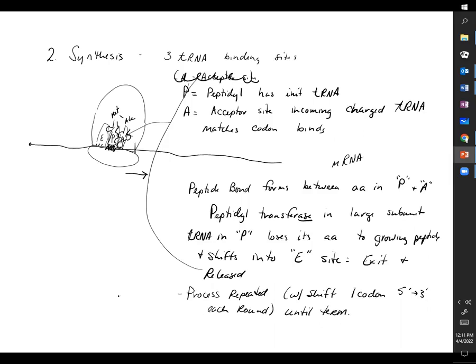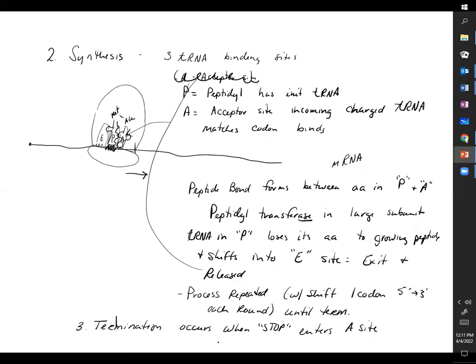So when does termination occur? Termination of translation is simple enough. It occurs when a stop codon enters the A site.